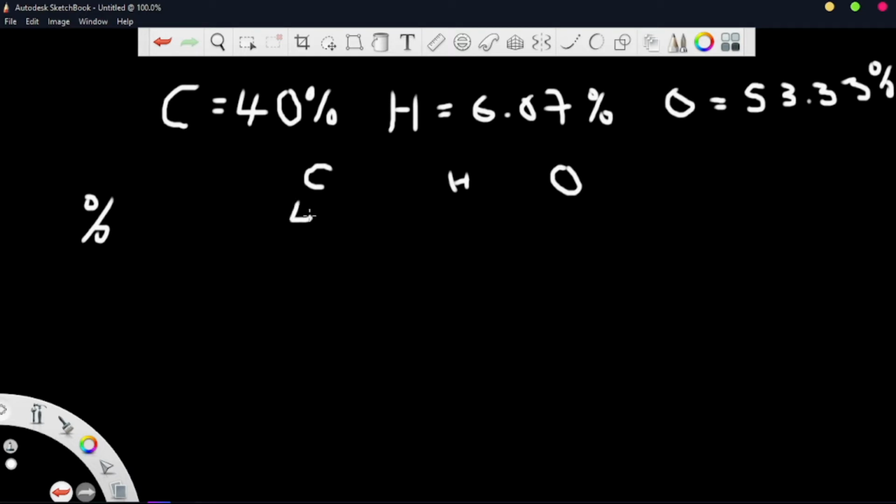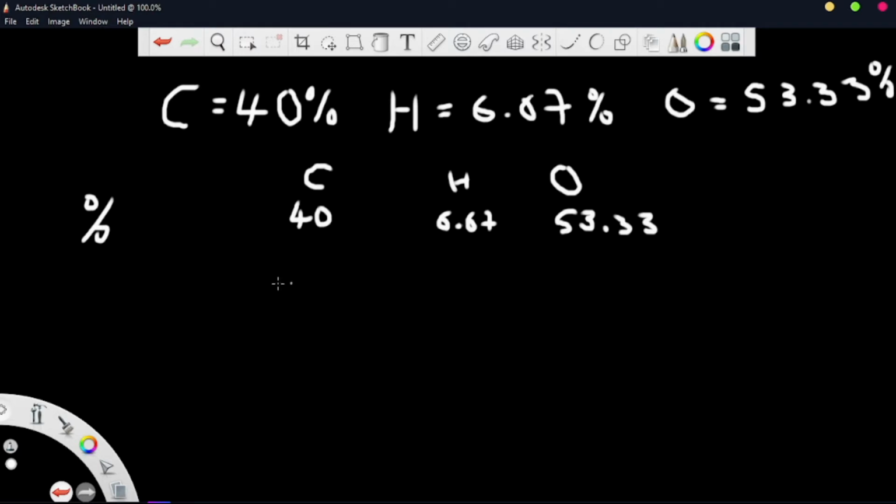So this one is 40, this one is 6.67, and then the other one is 53.33.